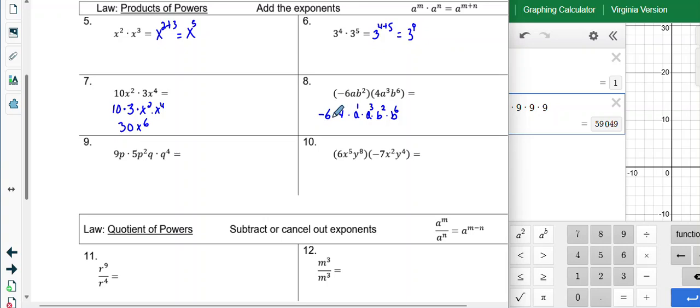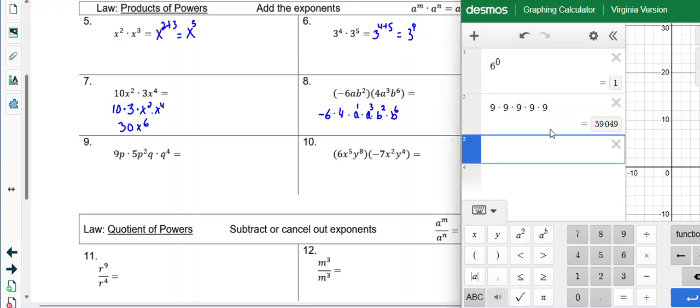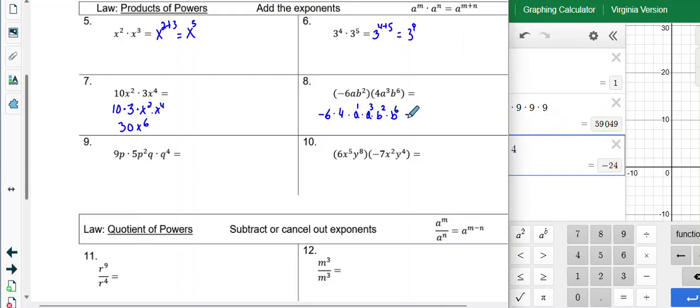Let's go ahead and multiply. Negative 6 times 4 is negative 24. So this ends up being equal to negative 24. And then you have a to the power of, and we don't multiply them, right? We add them. 1 plus 3, which is 4. And then b to the power of 2 plus 6, which is 8.